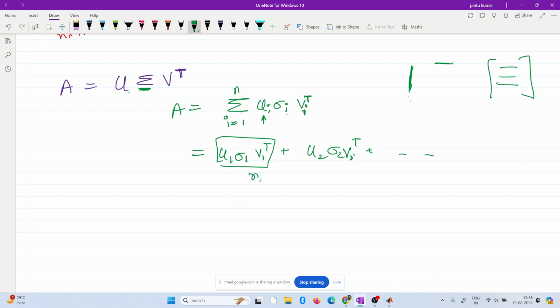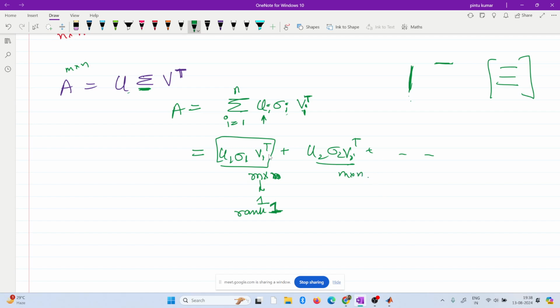This would be a complete matrix of size m cross n if your A is m cross n, but the rank would be only 1. Rank of this matrix is 1, so there would be only one linearly independent row or column. Similarly for this matrix, rank is 1, but size is m cross n.